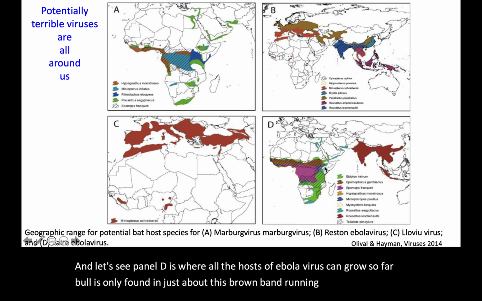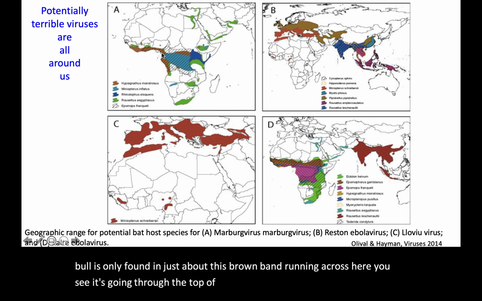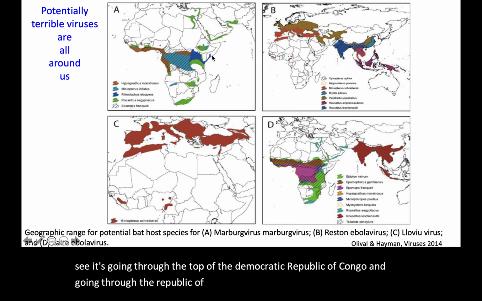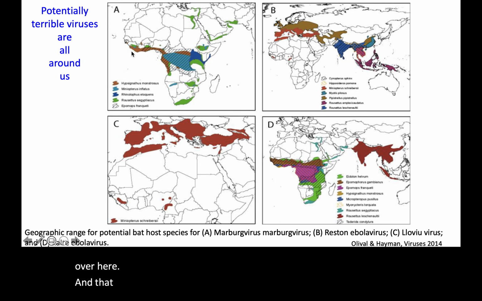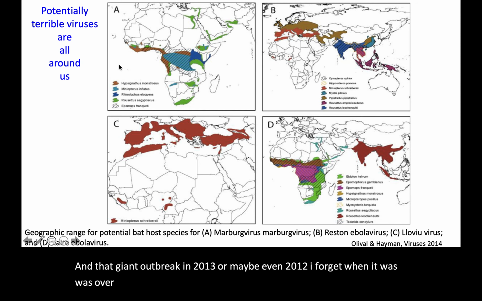You see it's going through the top of the Democratic Republic of Congo and through the Republic of Congo as well, kind of that area of the world. You tend to get Marburg over here by Kenya. You tend to get more Ebola over here. And that giant outbreak in 2013 or maybe even 2012, I forget when it was, over here weirdly on the west coast of Africa, was quite unusual.